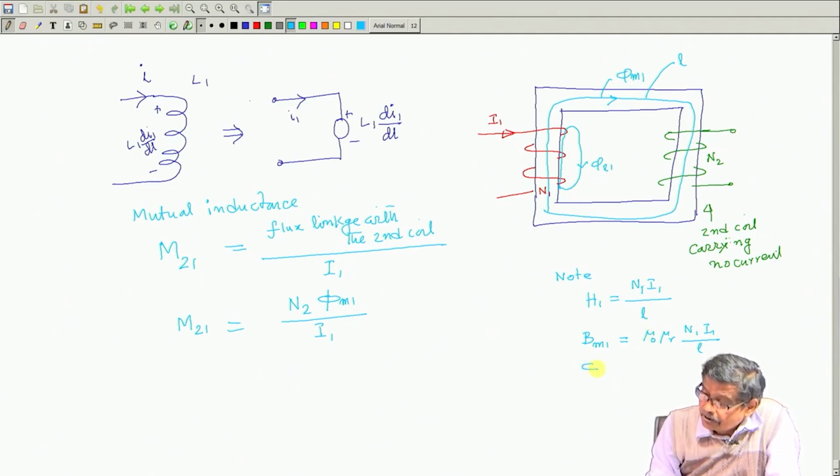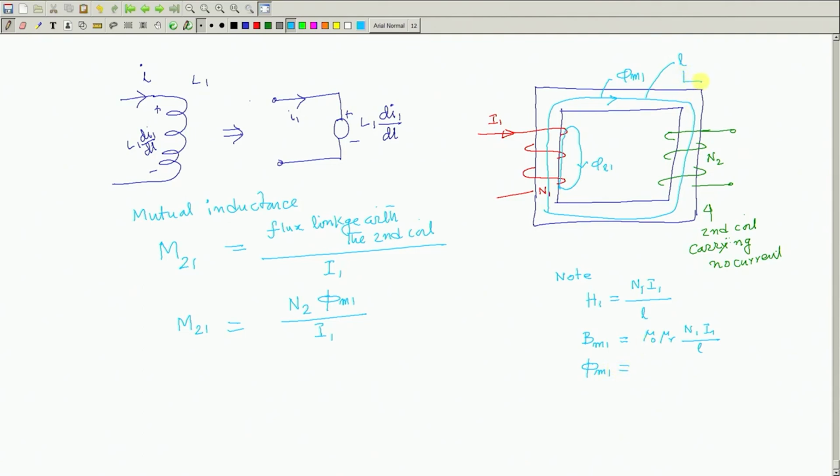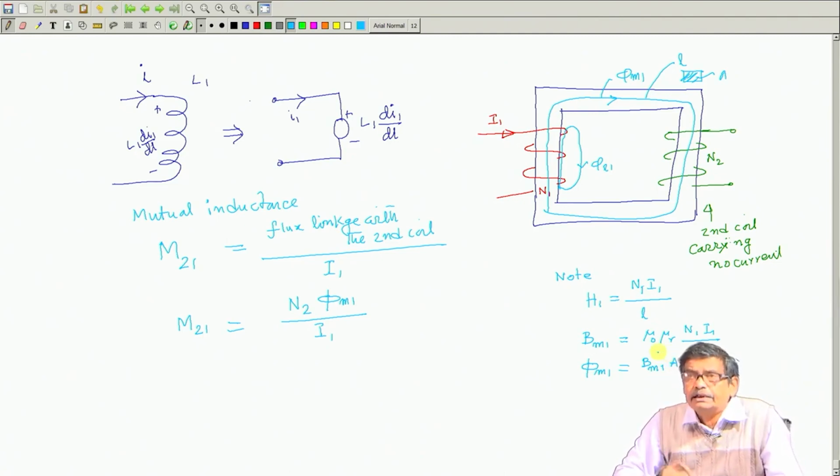What will be phi m1? Phi m1 will be Bm1 multiplied by the cross sectional area of this core. Suppose it is uniformly cross sectional area A. So, it will be Bm1 into A, and let us assume a linear magnetic circuit, mu 0 mu r are constant. At least to have constant inductance, I must see that it is operating in the linear zone.